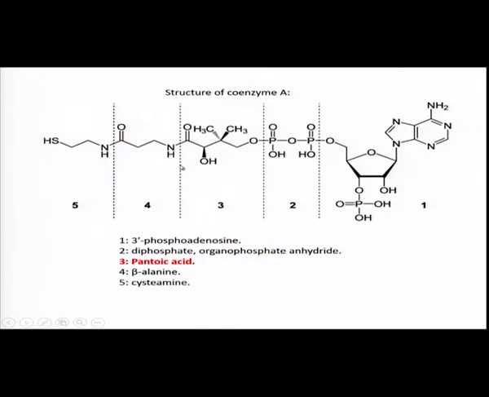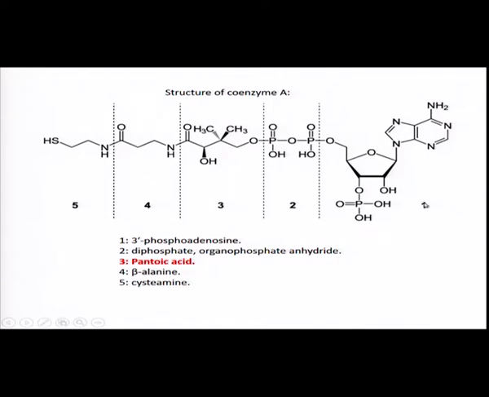Now, the fourth one is basically the beta alanine. You know that pantoic acid and the beta alanine together, the third and fourth together, form the pantothenic acid. So, for pantothenic acid in the middle, you have two different structures on either side.